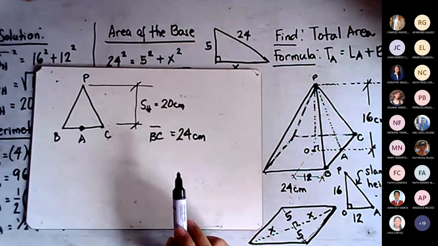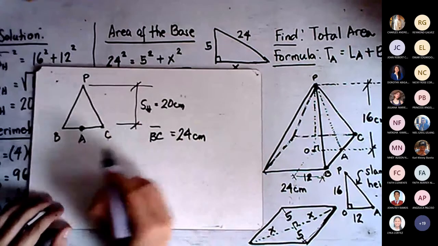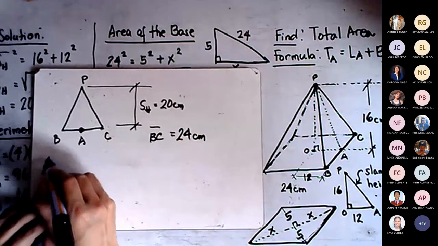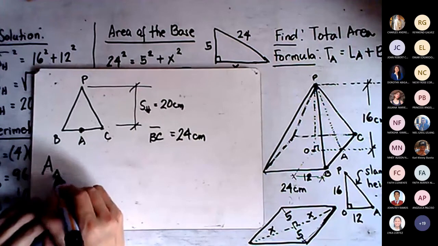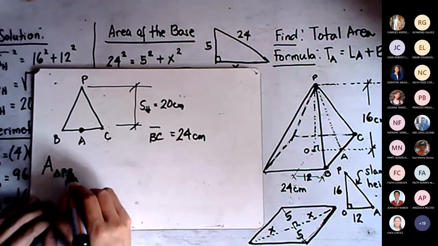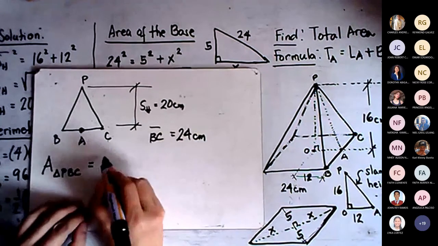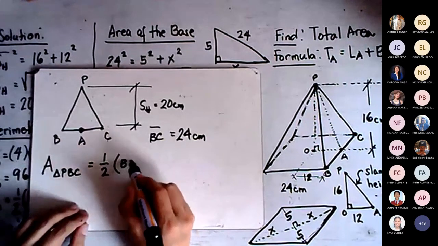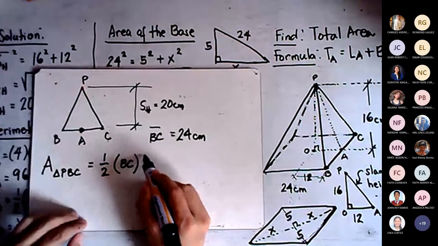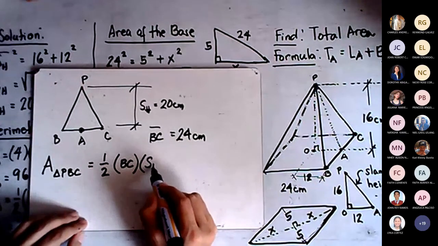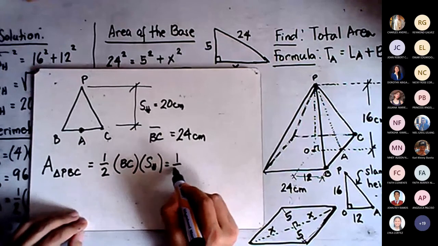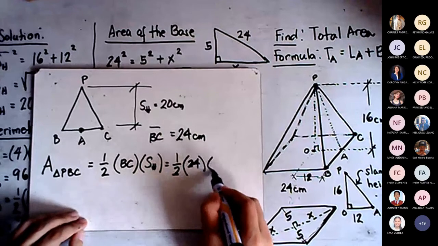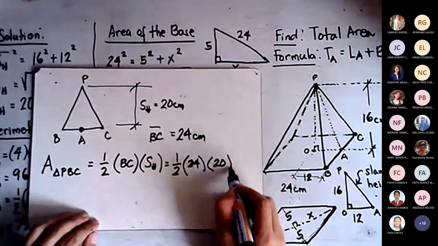And if you are going to take a look at this, you have the formula for the area of a triangle. So if you are looking for the area of triangle PBC, that is simply equal to 1/2. Area is 1/2 base times height. So our height here is the slant height. So you have 1/2, you have 24, and then slant height is 20.